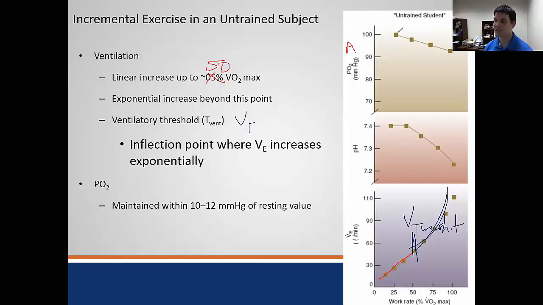We may see a slight drop, about 10 to 12 millimeters of mercury, during very intense exercise, but as you can see, we don't have any problems in delivering oxygen to our tissue, right? Our arterial PO2 of 90, if we think back to our oxyhemoglobin saturation curves, is going to be more than sufficient to cause a saturation of 85% or greater without problems.